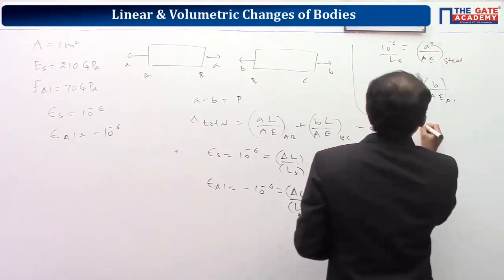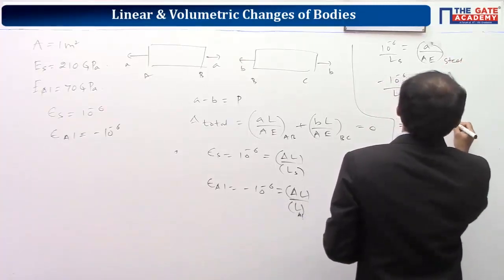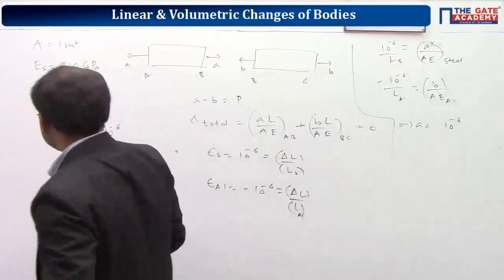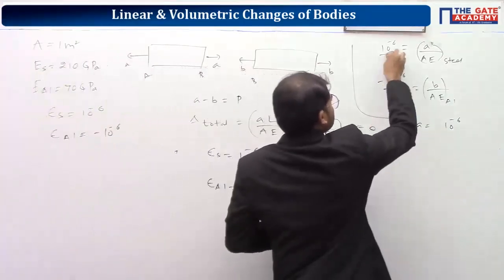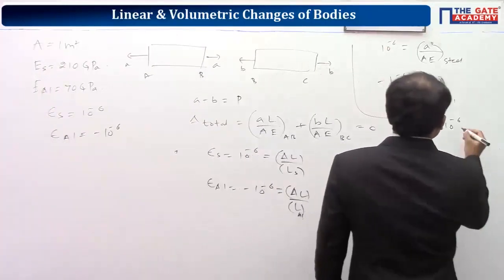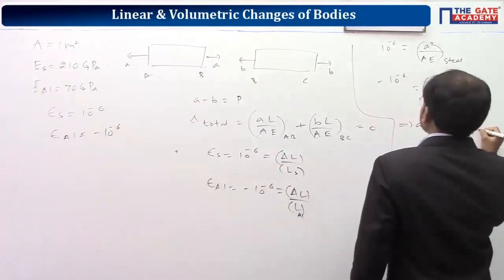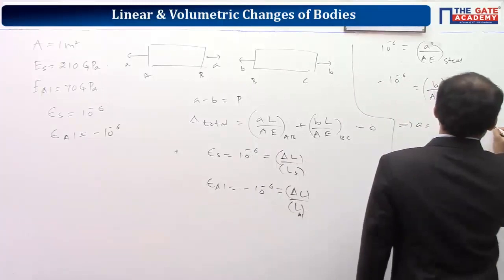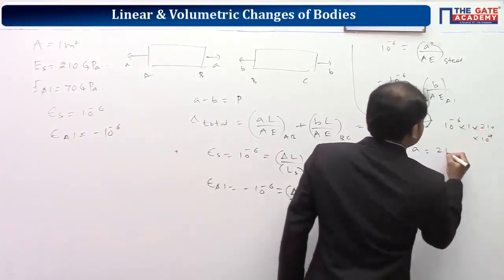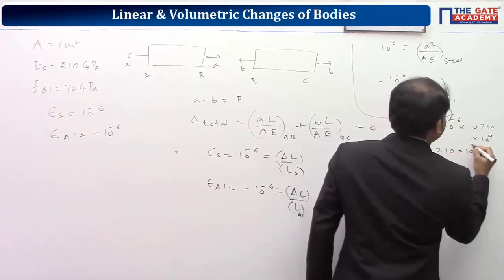Small a is equal to 10 power of minus 6, sorry, 10 power of minus 6 itself is the value of strain, so you can remove this length, it's not required at all. So 10 power of minus 6 into area of cross section, that is 1, into Young's modulus of steel, given as 210 into 10 power of 9. So small a is equal to 210 into 10 cube Newton.